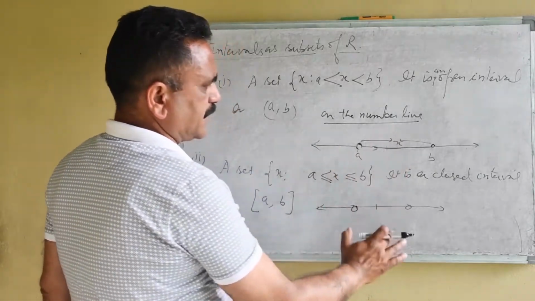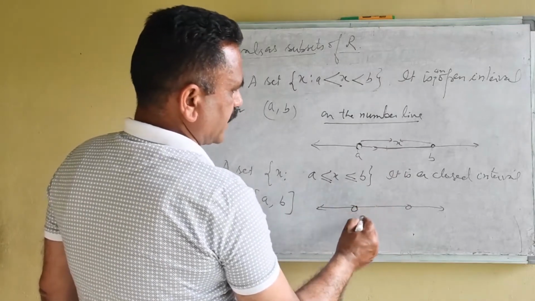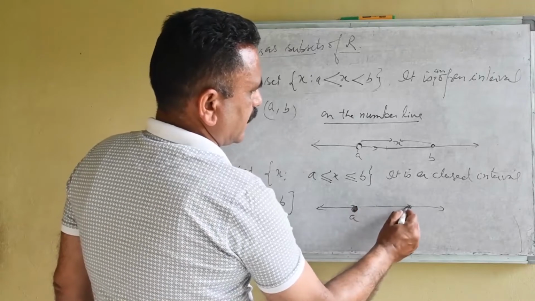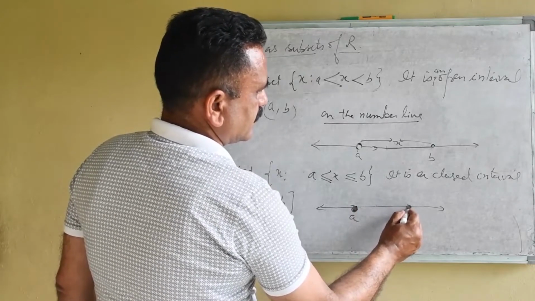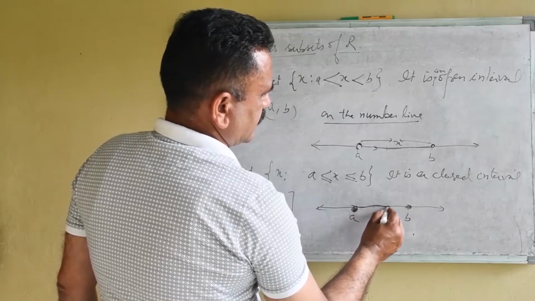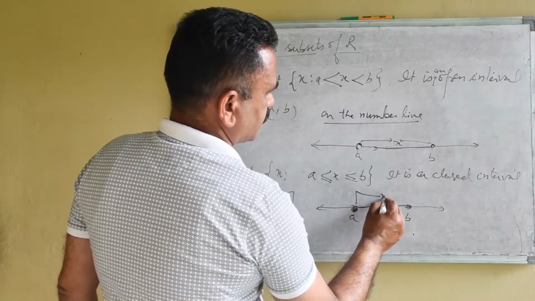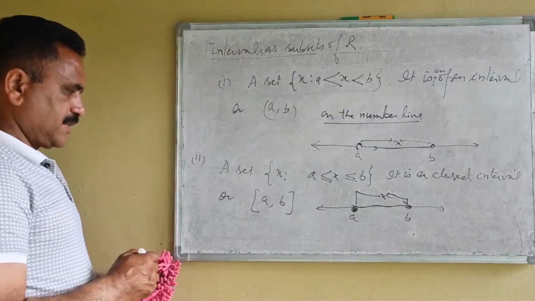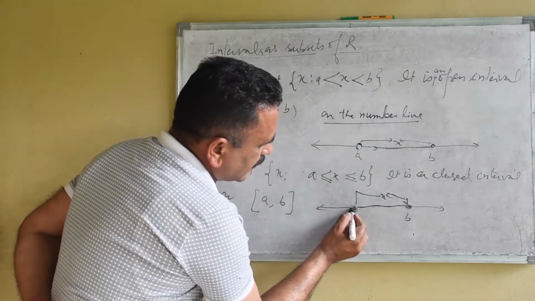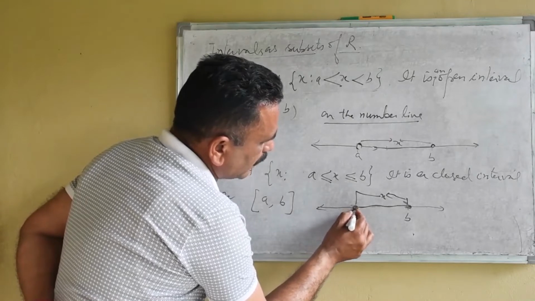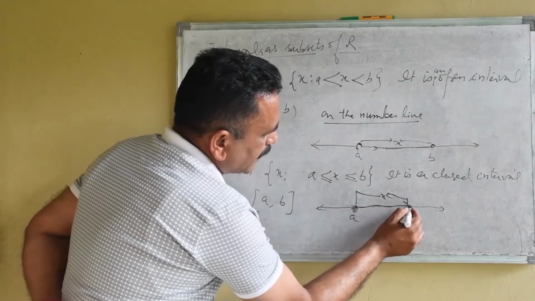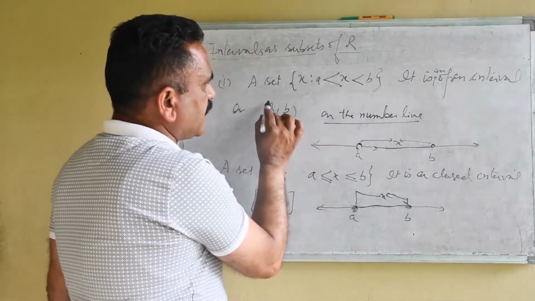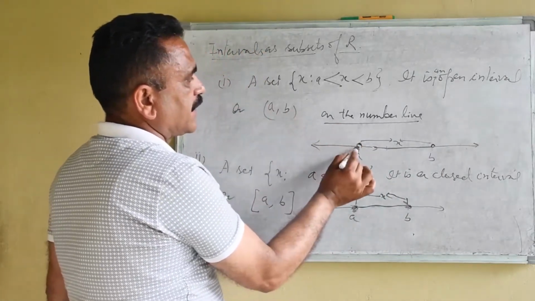So X is this way, it will be a darkened circle. In the open case the circles are empty, because the boundaries, the limits, are not included.